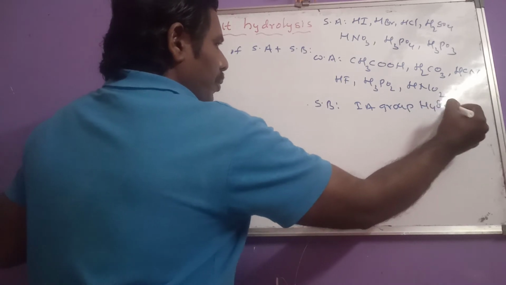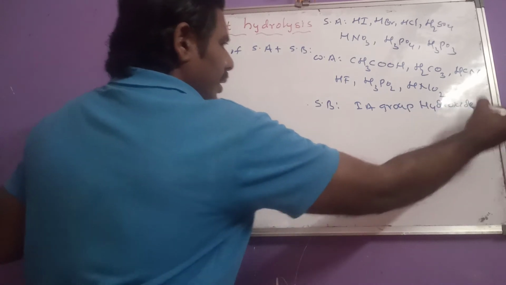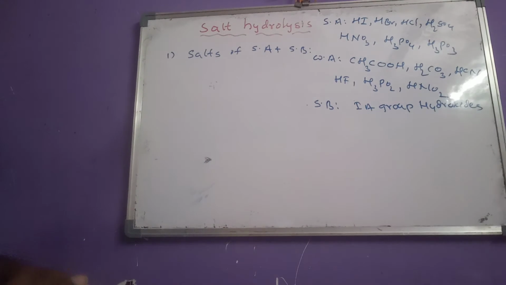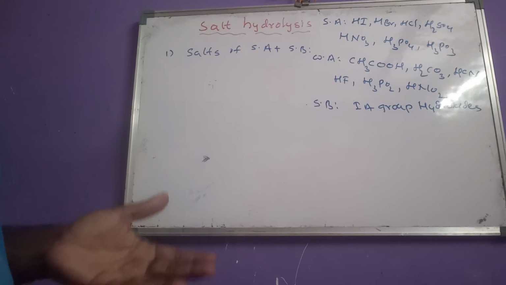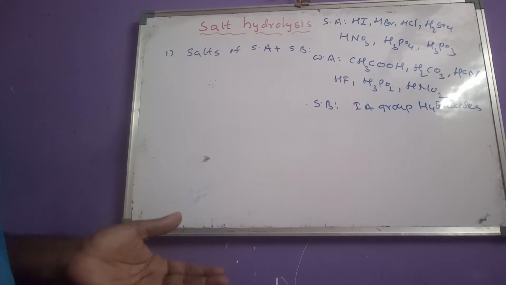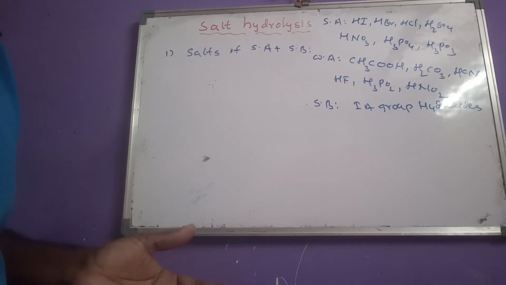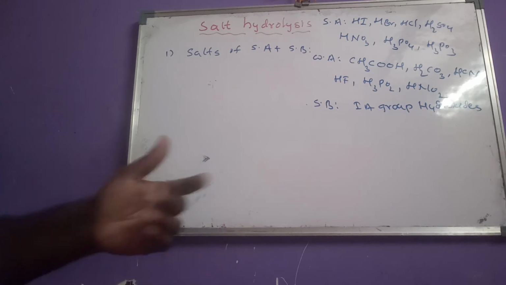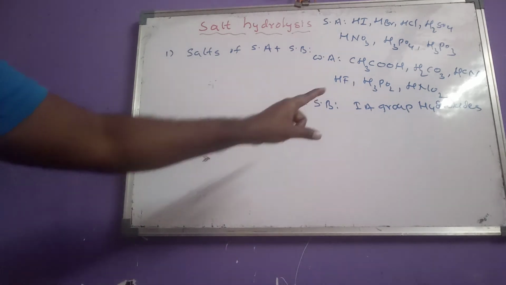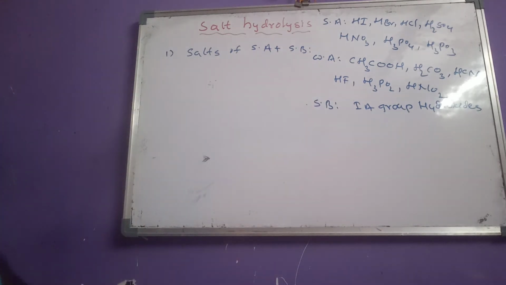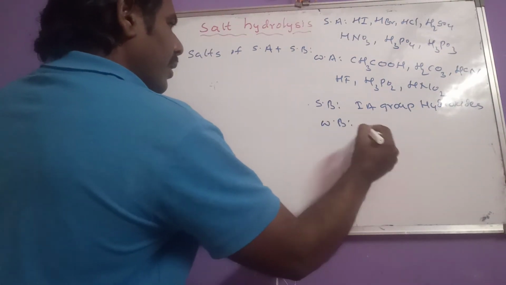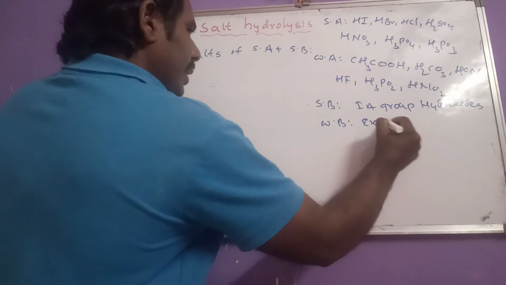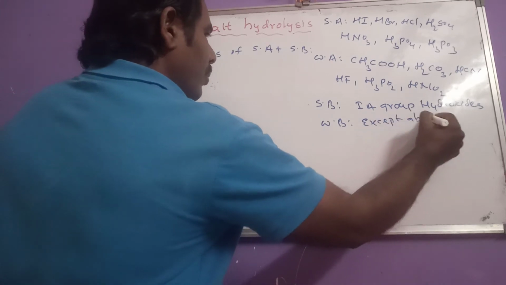First A group hydroxides, all are examples of strong bases. First A group hydroxides means lithium hydroxide, sodium hydroxide, potassium hydroxide, rubidium hydroxide, cesium hydroxide. Except first A group hydroxides, all remaining bases are weak bases.